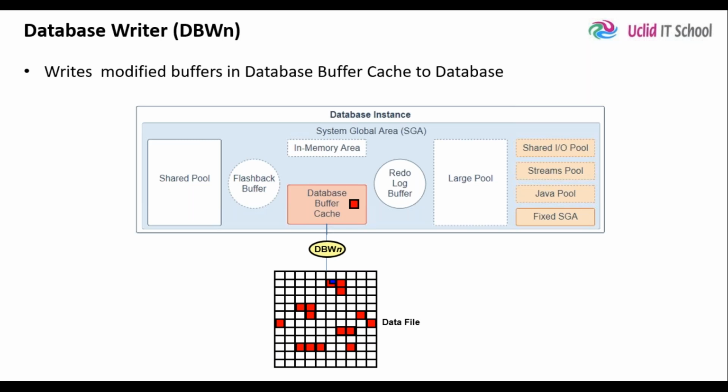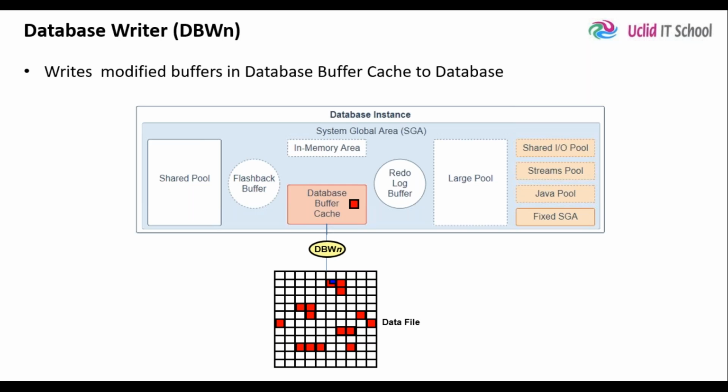It writes the modified buffers to the database. Modified buffers are also called dirty buffers. They are dirty, they are modified. So dirty buffers in the buffer cache are written back to the database by the database writer background process.